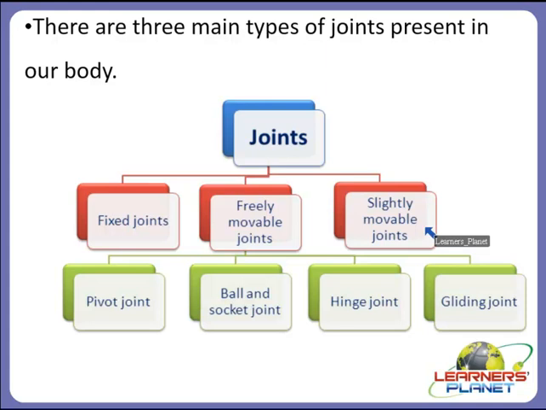So between the edges of the bony plates there are joints, and these are the joints which make the movement possible, along with the muscles, right? So the first one which we saw is fixed joints.